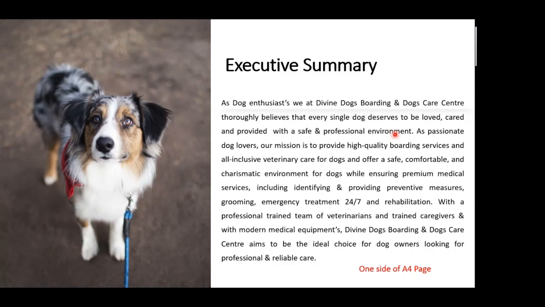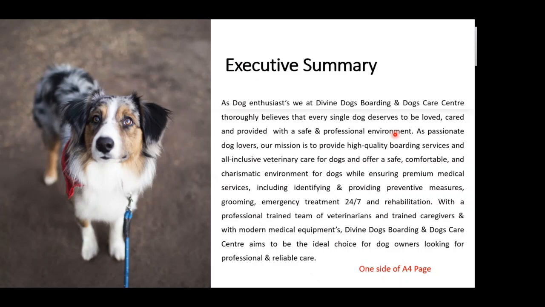And why is this executive summary so important? Now just imagine you are producing your business proposal for very busy people like investors, or the top managers in a company, or a banker.